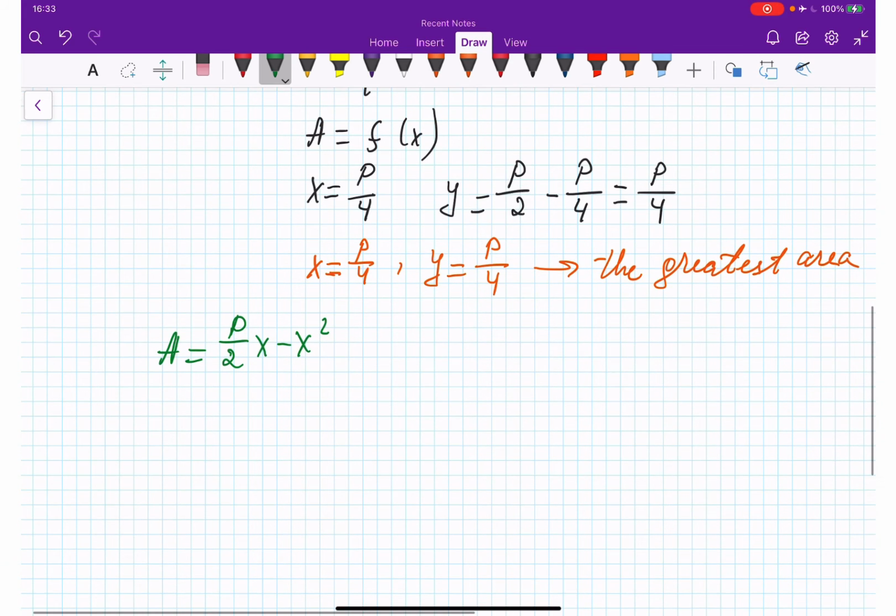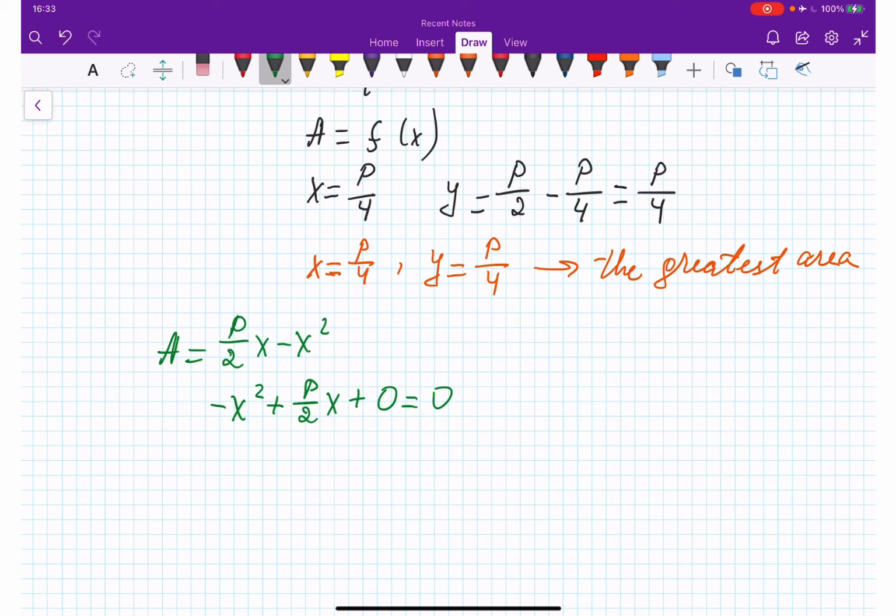If I rewrite, we will have negative x squared plus P over 2x, and since we don't have c, I'm just adding 0. Okay, and I'm writing down 0.